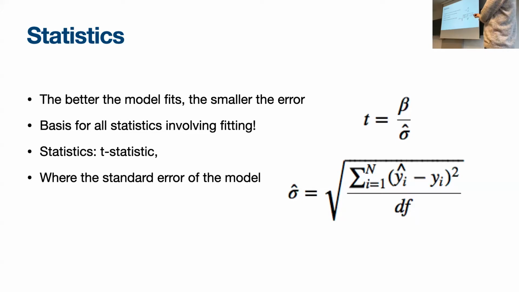And you can imagine, let me just go through that, right? So let's say you have a large standard error. This means you have large residuals. So your model really sucks at capturing the variations in the time course of the data that you have. What this means is this value goes up, right? It's going to be a large value.